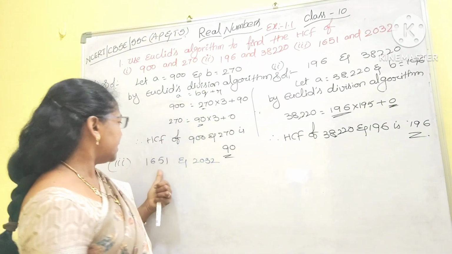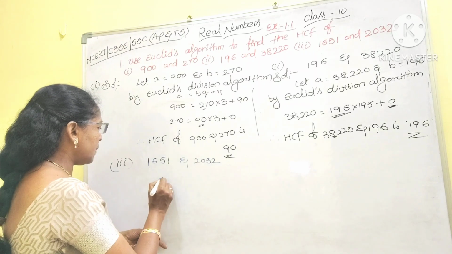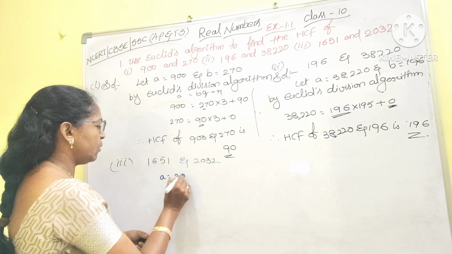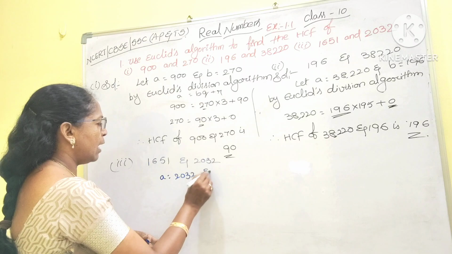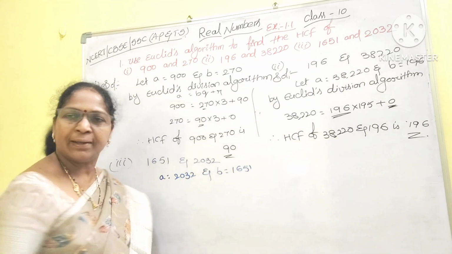Next bit is 1651 and 2032. Here again you have to assume, let A equal to 2032 and B equal to 1651.